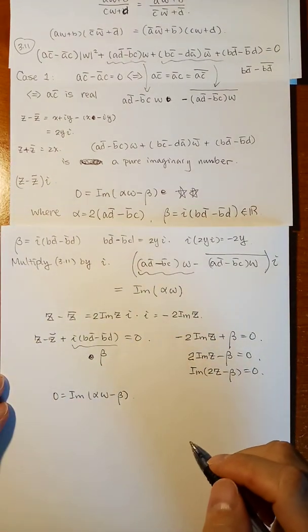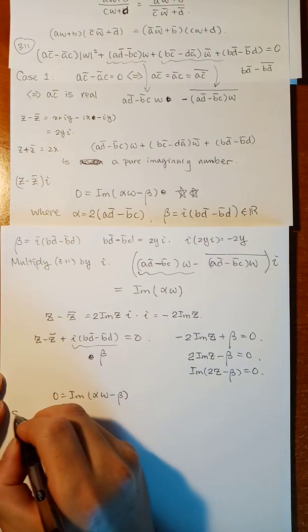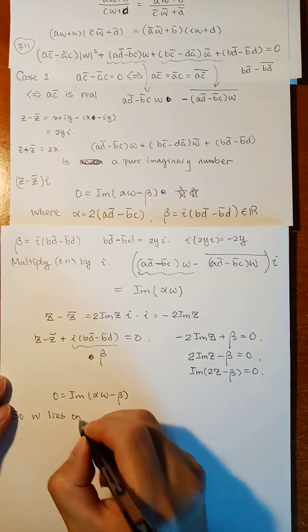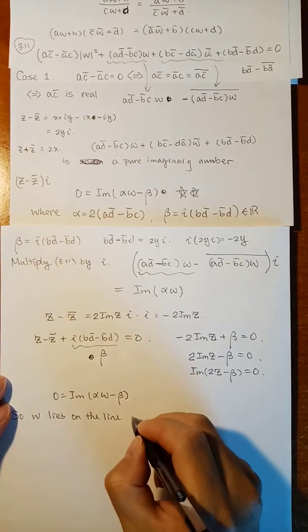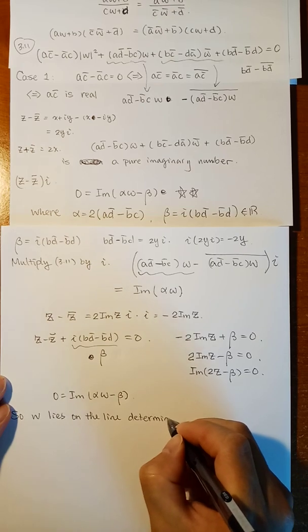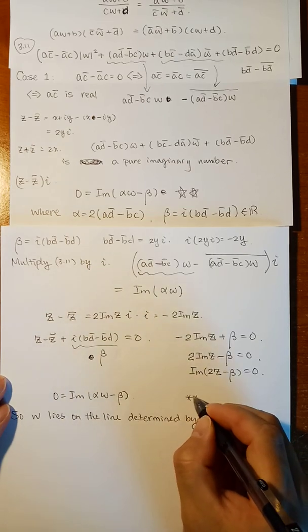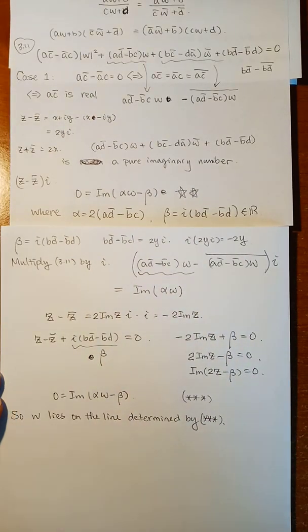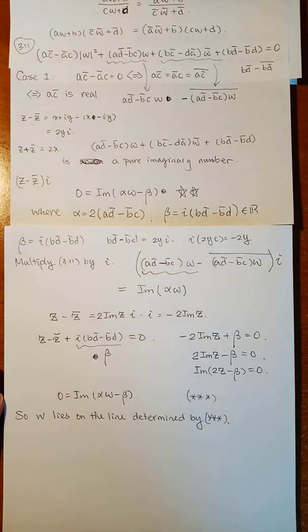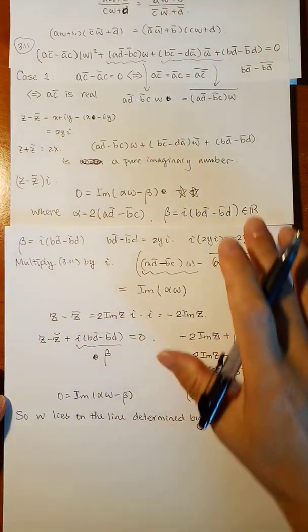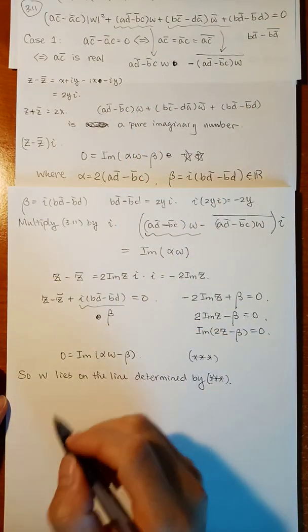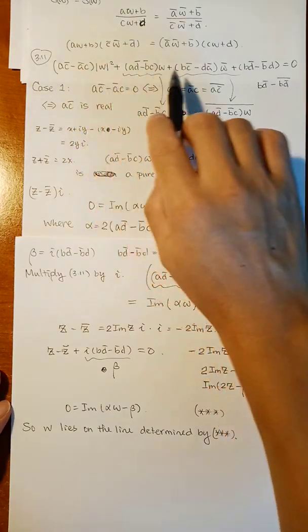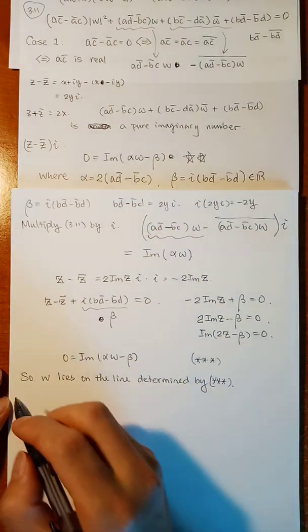Okay, and so W lies on the line determined by 3 stars. Okay, so this is case 1. In case 1, we have a straight line because the quadratic equation becomes a linear equation. Linear equation will have a straight line.